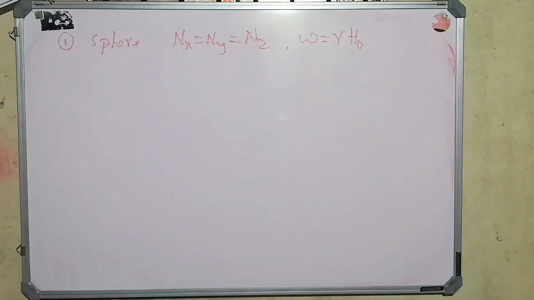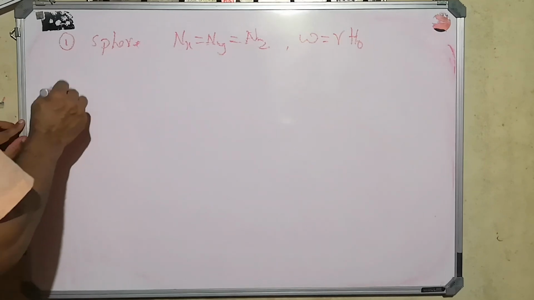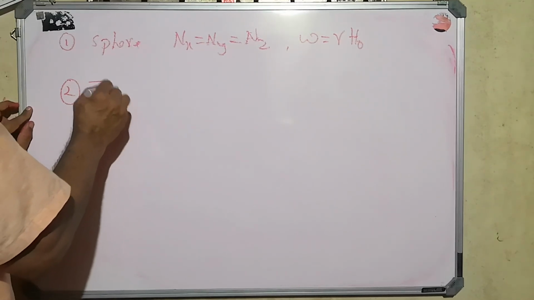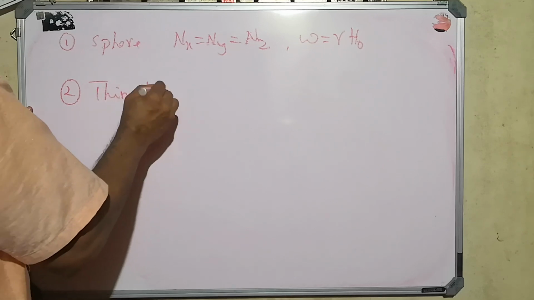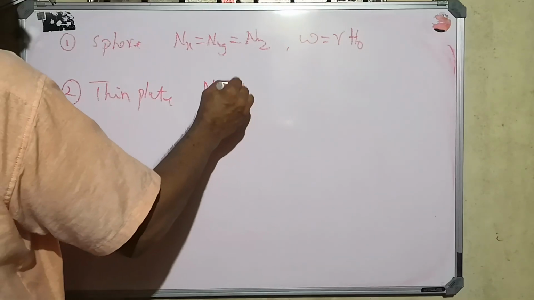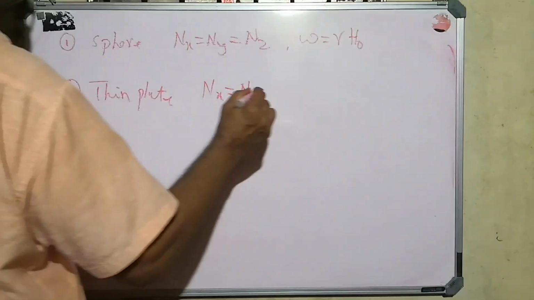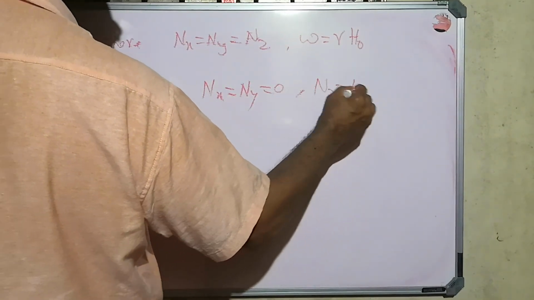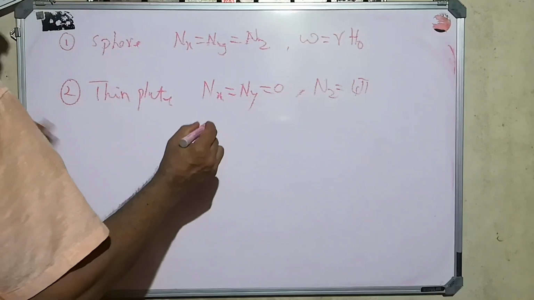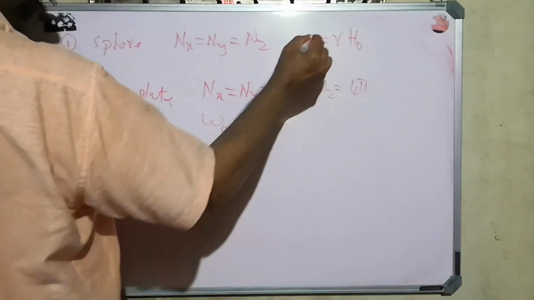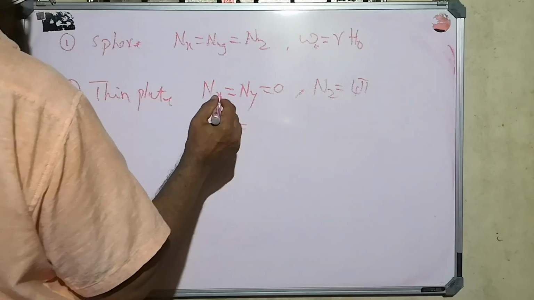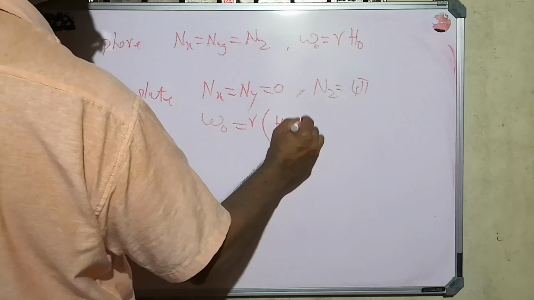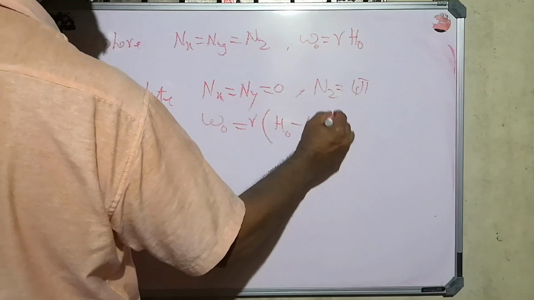This is the condition. Just remember this. If it is a thin plate, then nx is equal to ny is equal to 0, and it can be shown that nz is equal to 4 pi. So then the resonant frequency omega naught is equal to gamma into h naught minus 4 pi m naught.